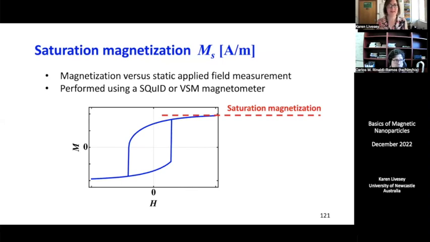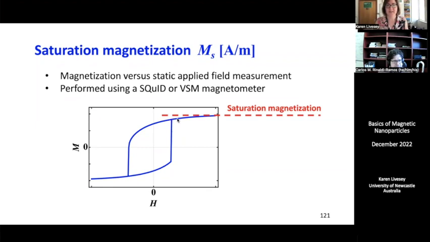So here is my theorist's rendition of what this plot might look like. We have magnetization on the y-axis, and applied field on the x-axis. What you'll notice is when we put on a large magnetic field, the magnetization gets to a very large value where, on an atomic level, all of the dipoles or all of the moments are starting to line up.